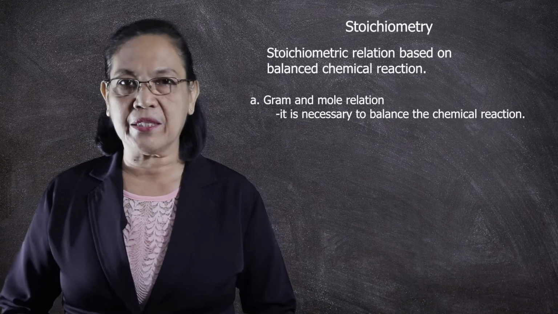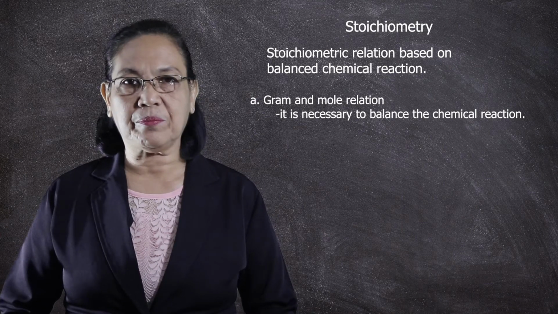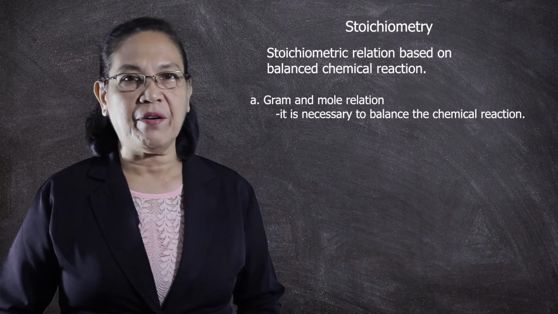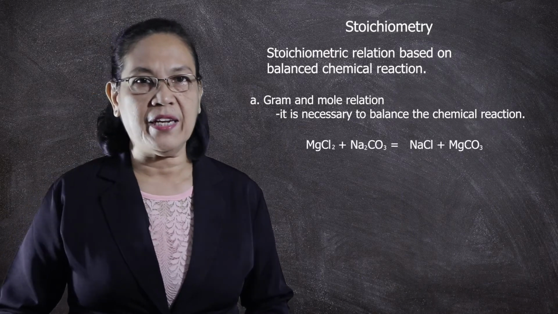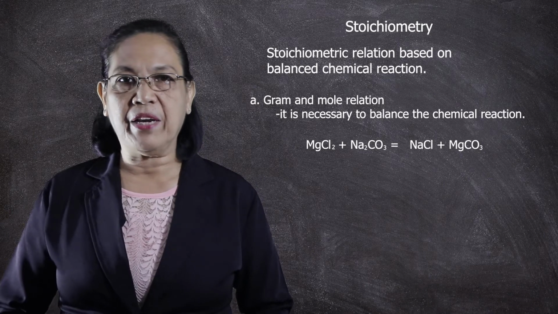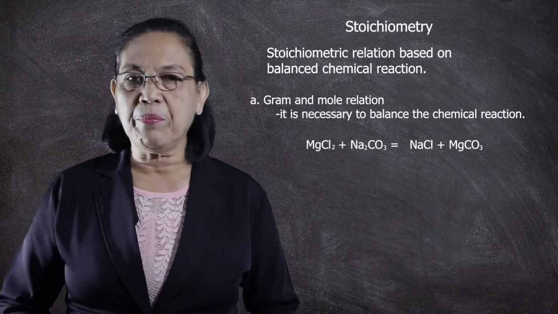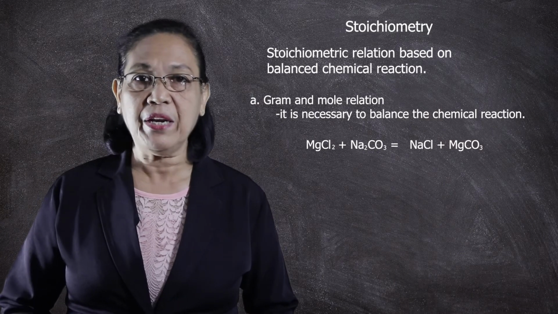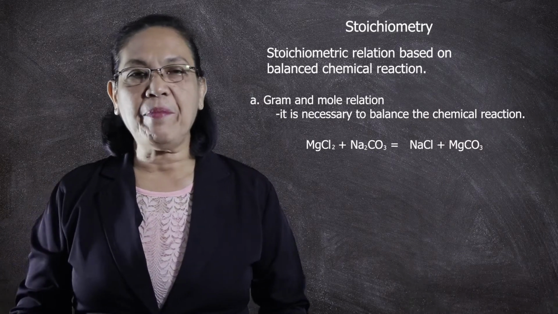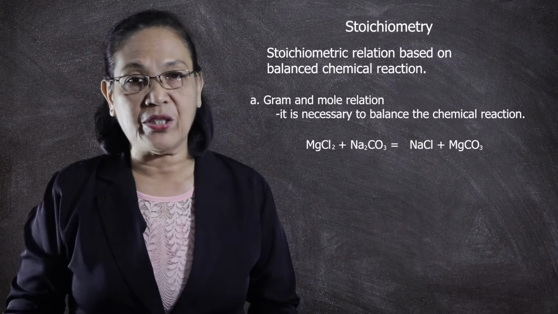of the products. For example, if we have the chemical reaction between magnesium chloride and sodium carbonate, we can form the products sodium chloride and magnesium carbonate. If you look at the chemical reaction, it is not balanced.